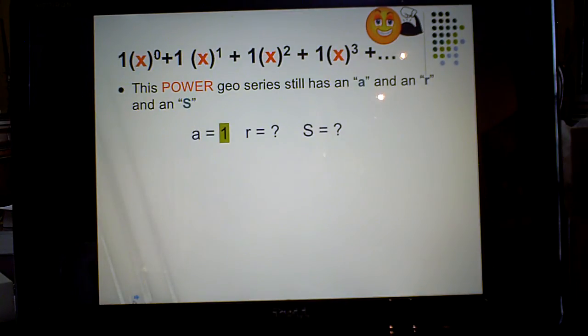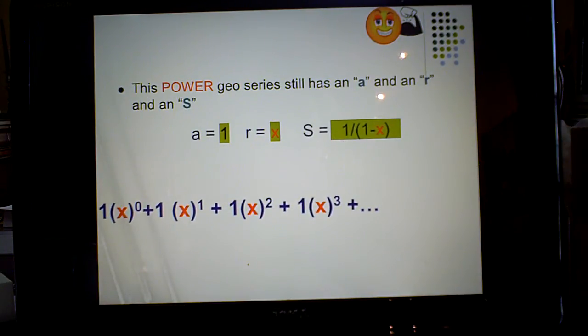A is still the first term, 1, r is x, and we're going to put restrictions on x for converging. But s, you ready? 1 divided by 1 minus r, which of course is x for us. Now look at this. Hello, algebra 2, right? That's a rational function.